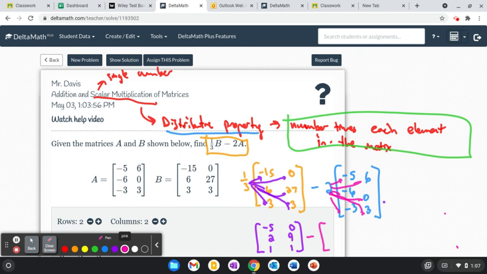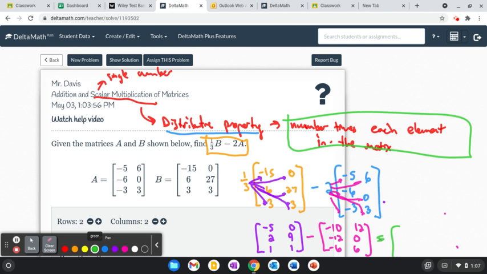You only want to distribute that negative one time. So I'm just going to keep the negative out there and just multiply everything by 2. So it's -10, 12, -12, 0, -6, and 6. So I just multiplied everything by regular 2.